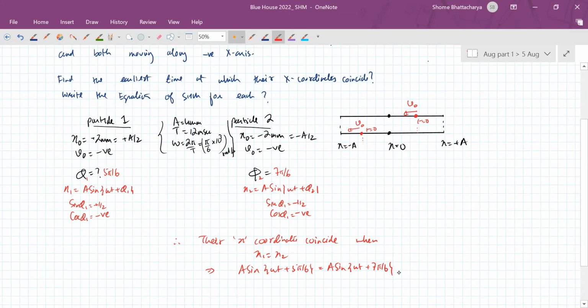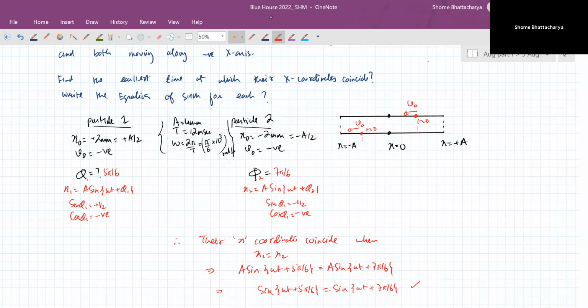Okay, so we have to solve this equation trigonometrically now. This is where it becomes a little challenging.